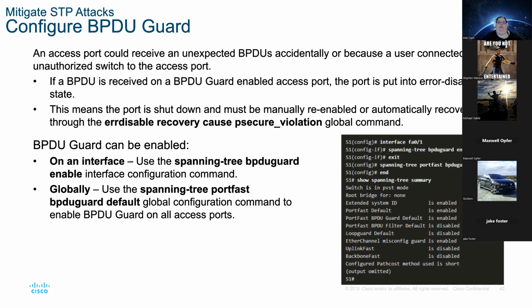This means the port is shut down and must be manually re-enabled or automatically recovered through the errdisable recovery cause psecure-violation global command. On an interface, use the spanning-tree bpduguard enable interface configuration command, and then globally, the spanning-tree portfast bpduguard default global configuration command. And then you'll see those over on the right.